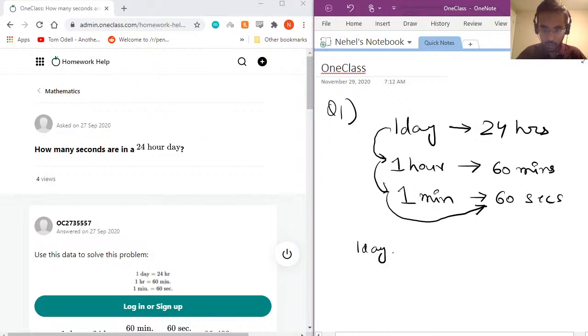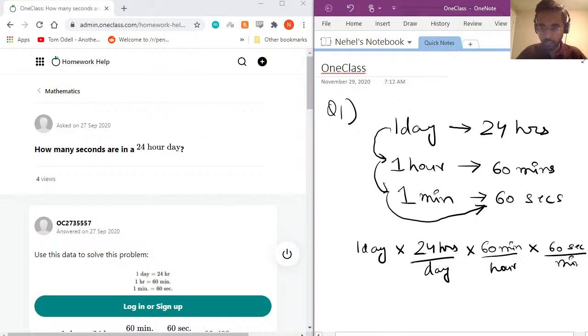So the way we would do that is we would say 1 day times 24 hours per day times 60 minutes per hour times 60 seconds per minute.